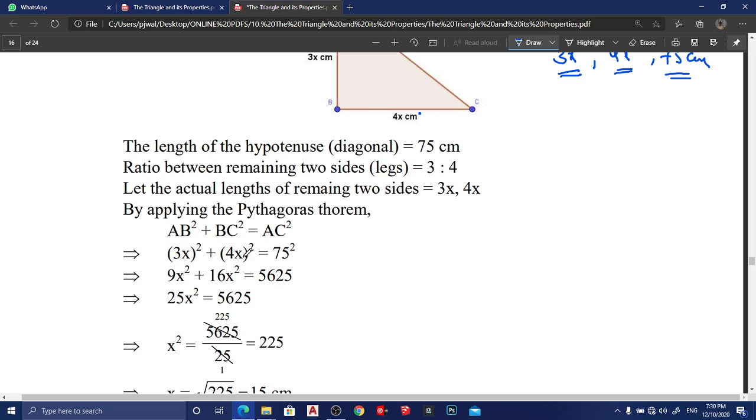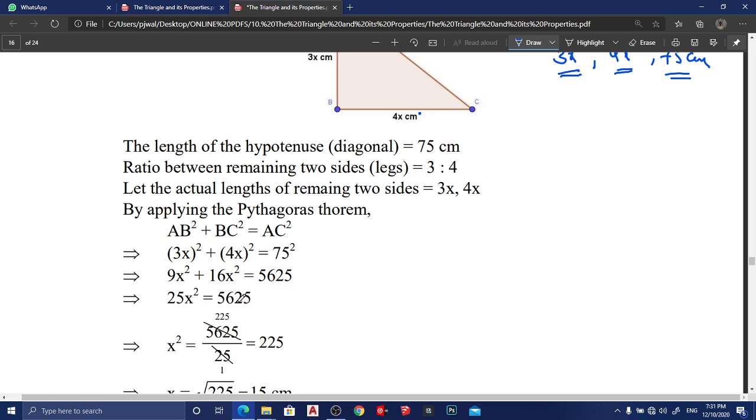So AB square plus BC square is equal to AC square, meaning 3x whole square plus 4x whole square is equal to 75 square. So 9x square plus 16x square is equal to 5625. By adding these two, because these two are like terms, you can add them. So 25x square is equal to 5625.